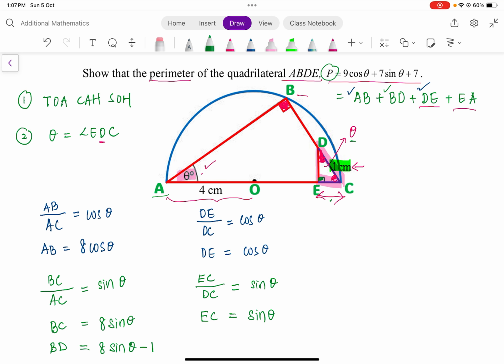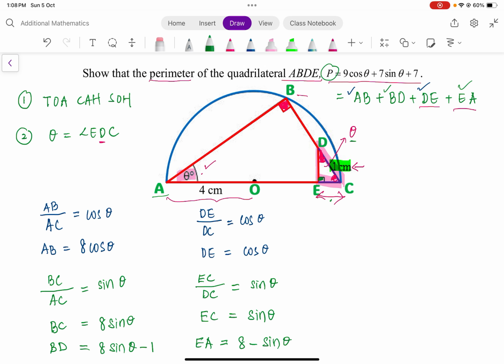Early on, I already know the whole length AC is equal to 8 cm, so I will be able to work out the length EA. EA is equal to 8 minus sine theta. So I already found EA.